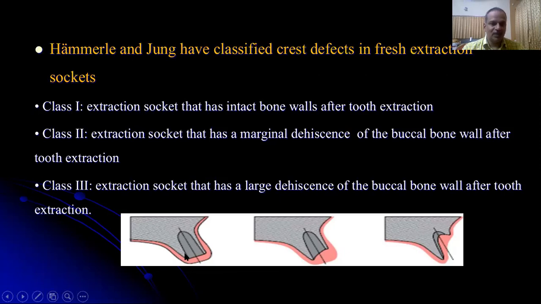This is for providing the initial primary stability for the implant. So whenever the implant is placed in immediate implant placement after extraction, it should be placed at least 2 millimeters subcrestally so that the implant threads remain covered by the bone even if there is any bone resorption of the socket wall.